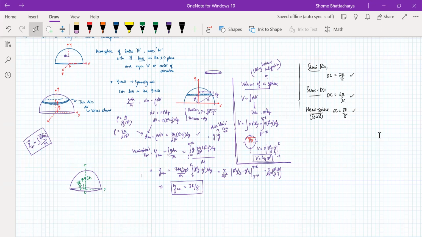Okay, so understood this part of volume of sphere also? Yes, sir. Okay, done, right? Yes, sir. Done.